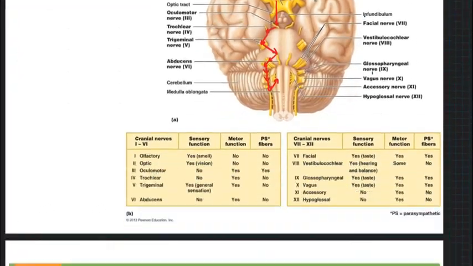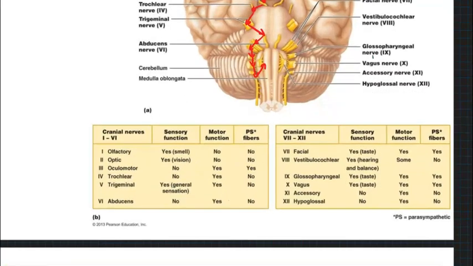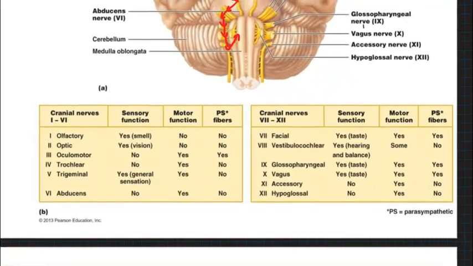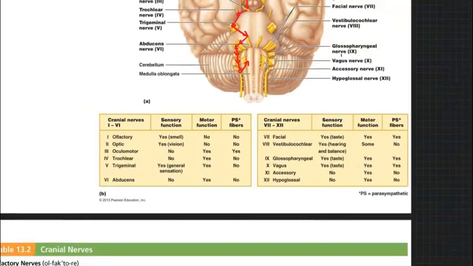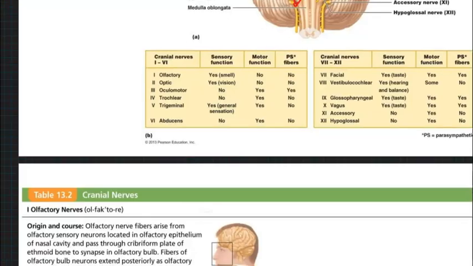So this table here summarizes the functions. I'm not going to read through it because we're going to address these nerves anyway. Let's jump straight to the individual nerves.